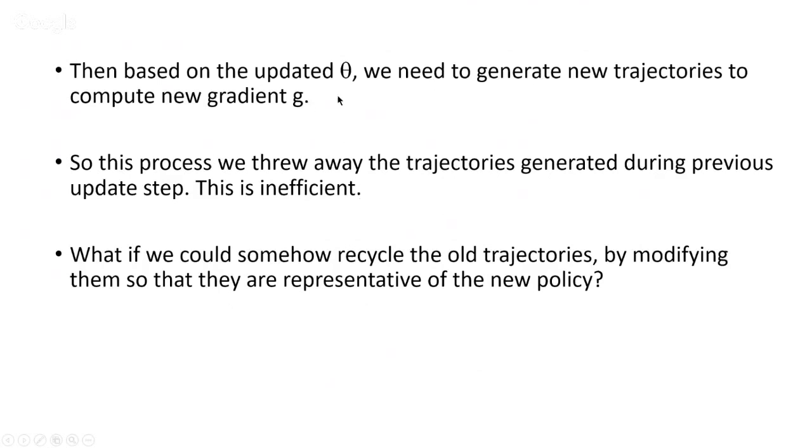But it's mandatory to use the updated theta and compute g on a new trajectory, because that's how we will know if the update is going in the right direction or not.